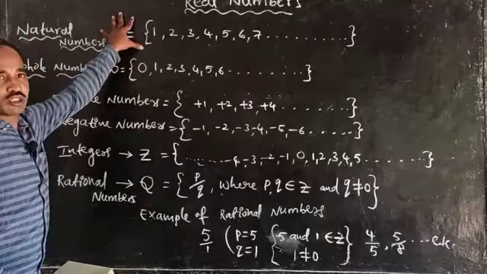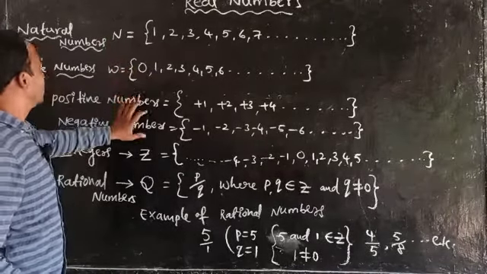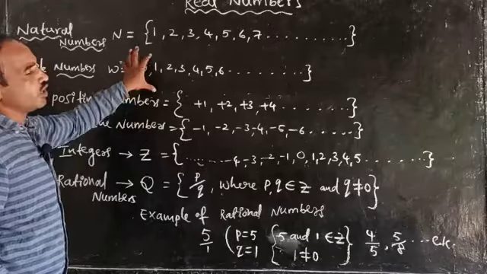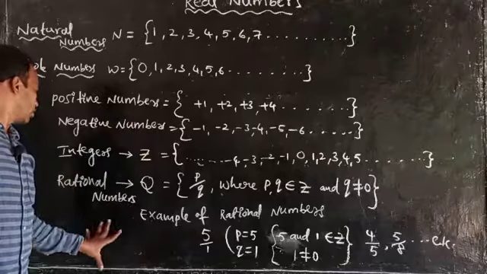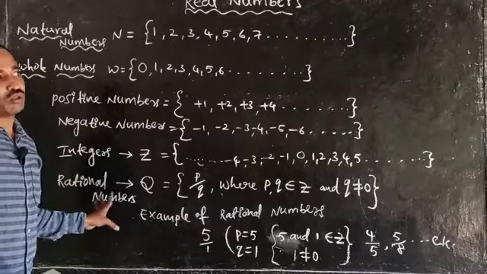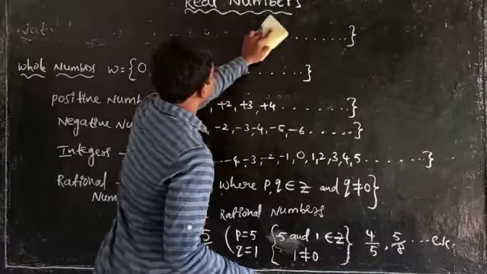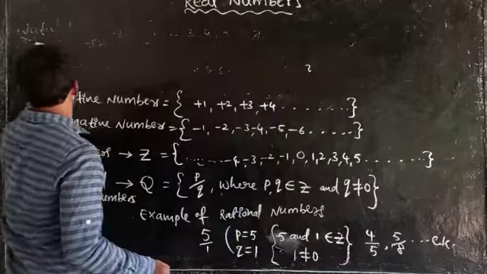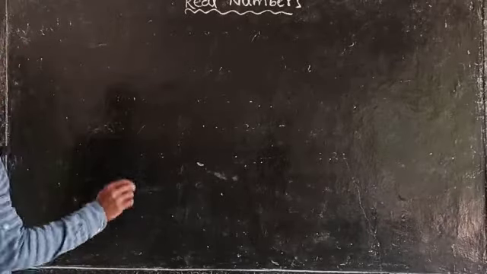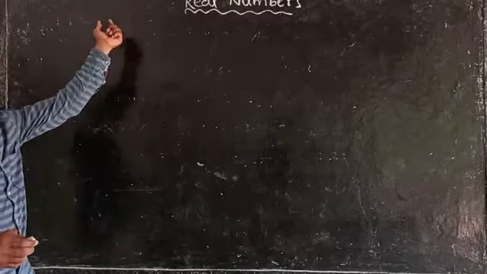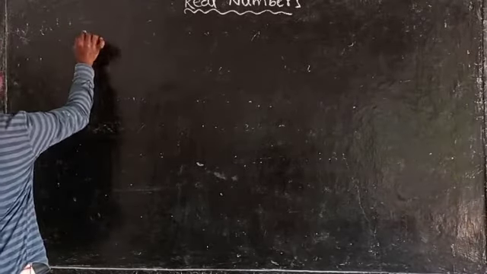Natural numbers belong to rational numbers. Whole numbers also belong to rational numbers. Positive numbers, negative numbers, every number written here belongs to rational numbers. Some more types of numbers we learn. And also here we learn another set of numbers that we already learned before.